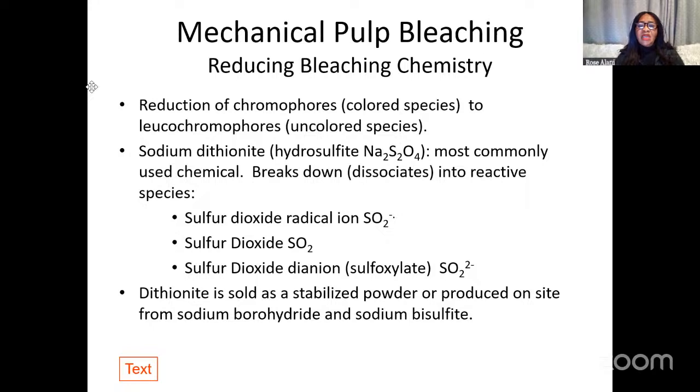What this does is that it dissociates into reactive species, such as sulfur dioxide radical ion, sulfur dioxide, and sulfur dioxide dianion. The dithionite is sold as a stabilized powder, or it can be produced on site from sodium borohydride and sodium bisulfite.